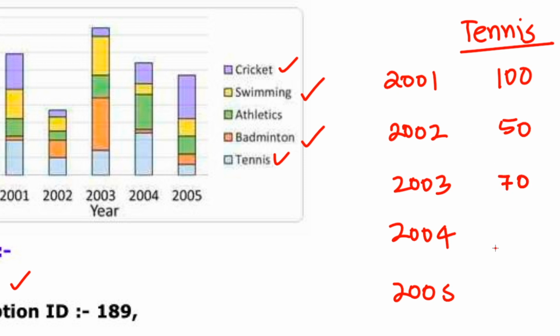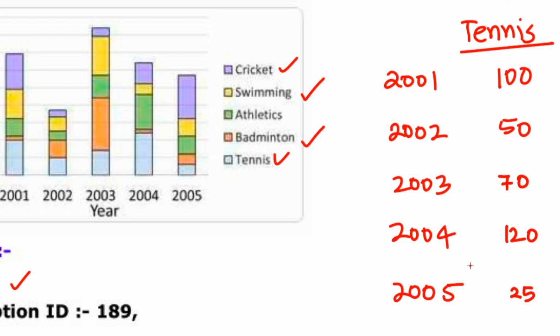Okay, in 2004 if you see, it is like 50 and 50, 100, and then this seems like 20 more, so it is like 120. And in 2005 you will see this is half of this block, so the full block was 50, half of that is 25. So that's how you got the values for tennis in these years.